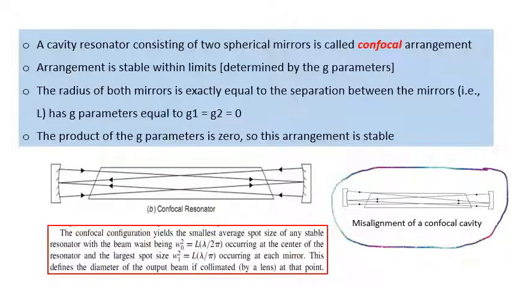Now if we move to the second slide, a cavity resonator consisting of two spherical mirrors, this kind of arrangement is called a confocal arrangement, because we are using two spherical mirrors like you can see here.